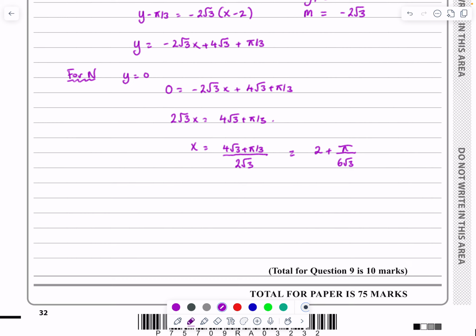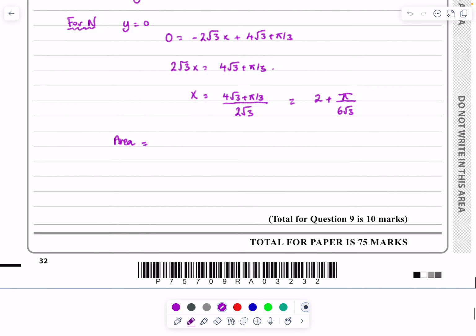That's my x value. So we wanted the area of that triangle, which was half base times height. So it's a half times 2 plus pi over 6 root 3, all multiplied by the height, and the height was pi over 3, remember.